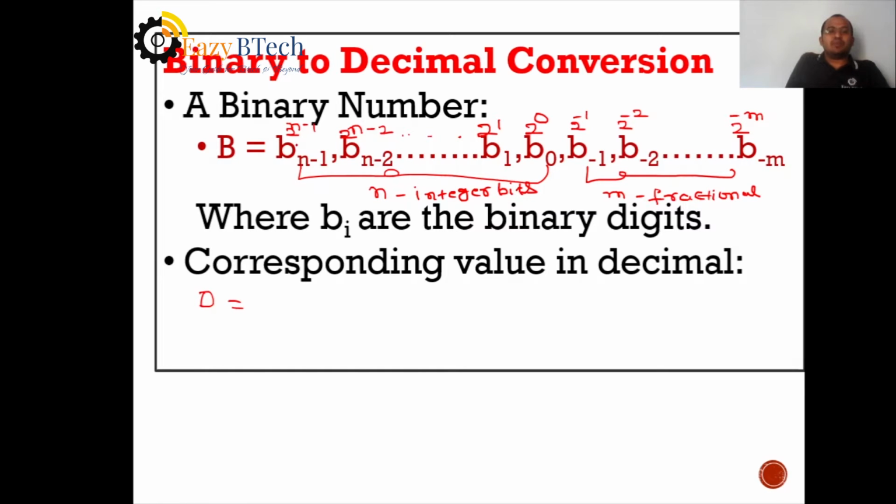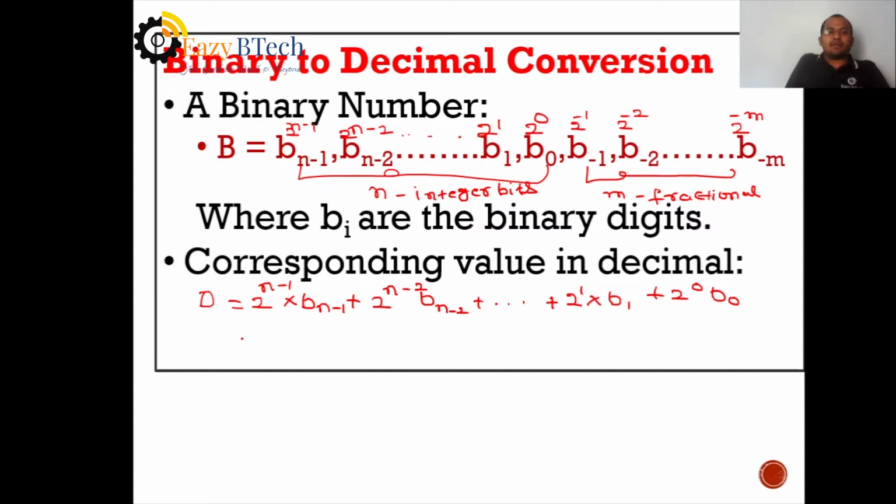If this is the binary number, we have to compute 2 power n minus 1 into b(n minus 1), plus 2 power n minus 2 into b(n minus 2), and so on, plus 2 power 1 into b1, plus 2 power 0 into b0. This is the expression corresponding to the integer part.